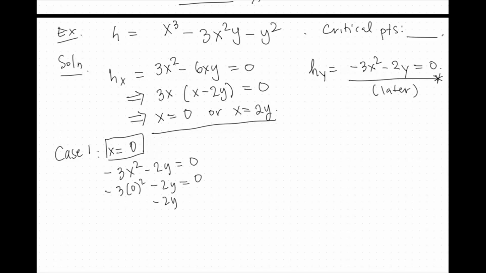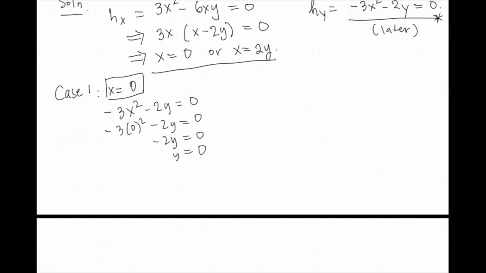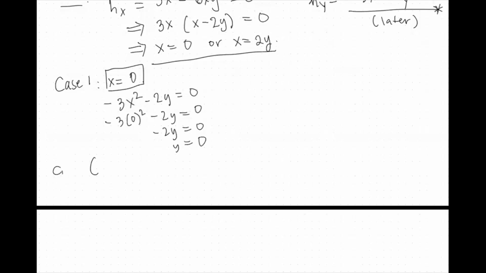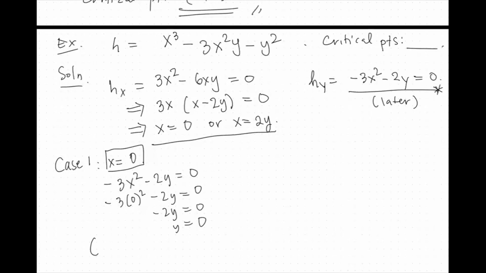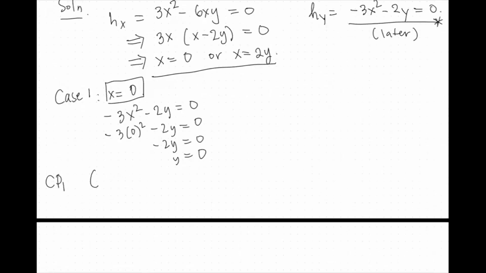That means negative 2y is 0, so y is equal to 0. So you have one critical point. Critical point I will abbreviate as CP. CP1 is (0, 0). Okay, we have (0, 0) as a critical point.